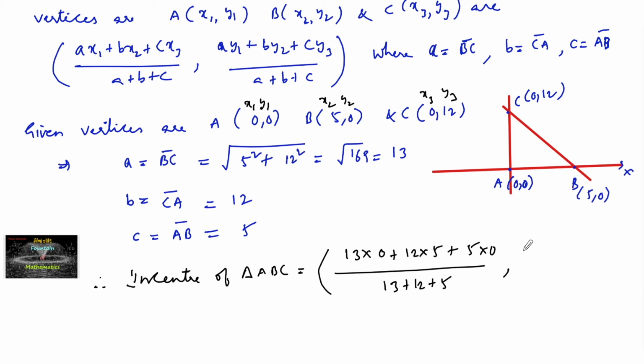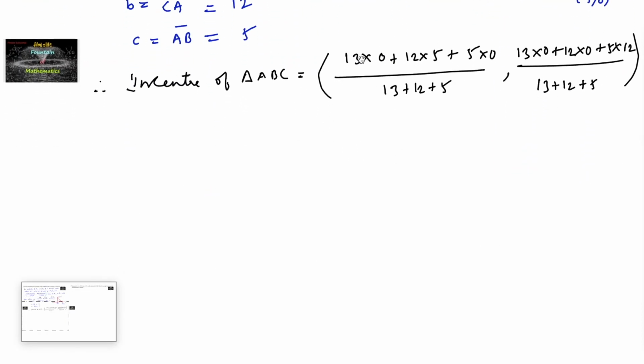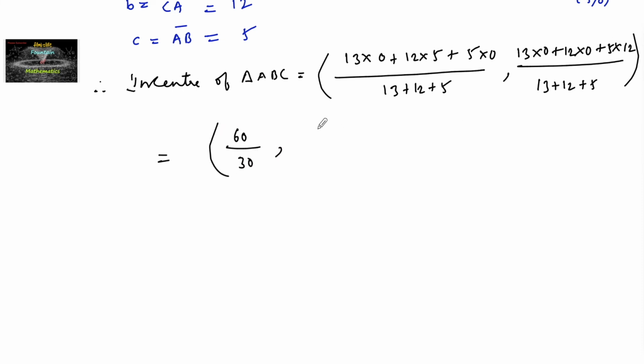a times, that is 13 times y1, it's 0, plus b times, that is 12 times y2, which is again 0, and c times, that is 5 times y3, and the y3 coordinate is 12, upon 13 plus 12 plus 5, which equals to 12 fives are 60 upon 13 plus 12 is 25, plus 5 is 30, comma, and here again 12 fives are 60 upon 30.